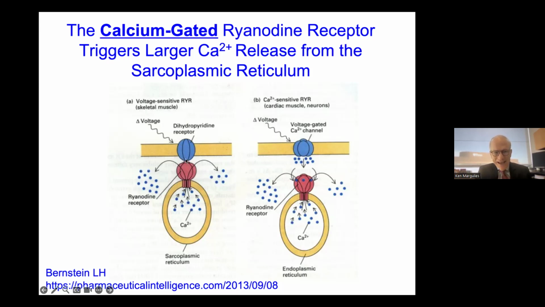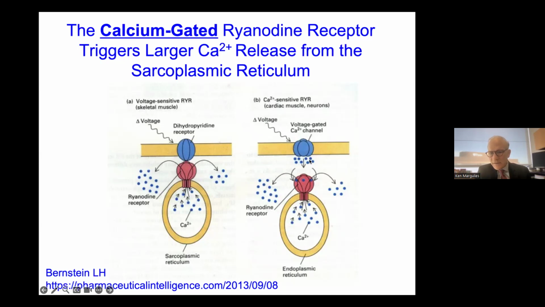there's a direct mechanical linkage of the L-type calcium channel and the ryanodine receptor, so that opening of this channel invariably causes activation and release of calcium from its intracellular stores. But here it's a different process in the cardiac muscle and in neurons. We see that you have a separate control of the voltage-sensitive calcium channel.